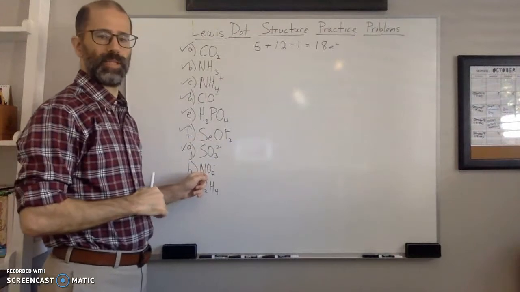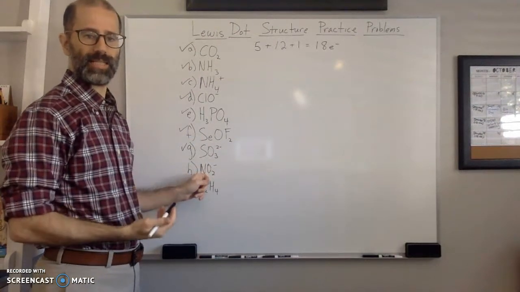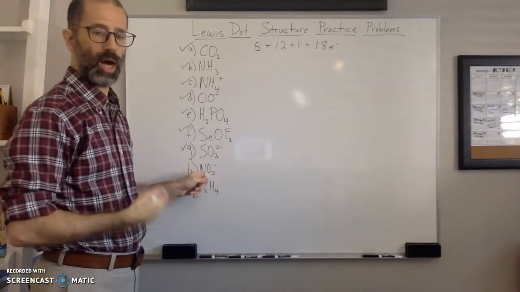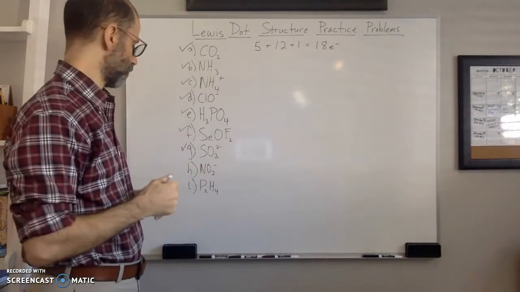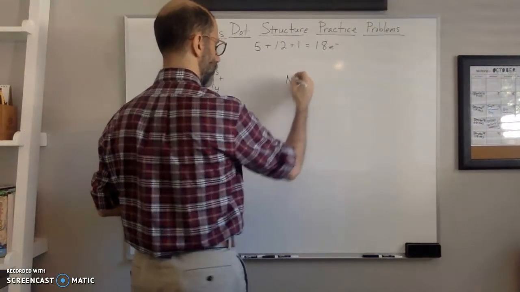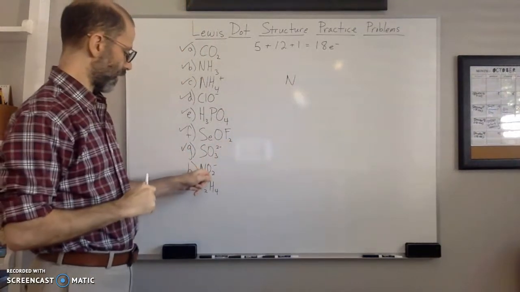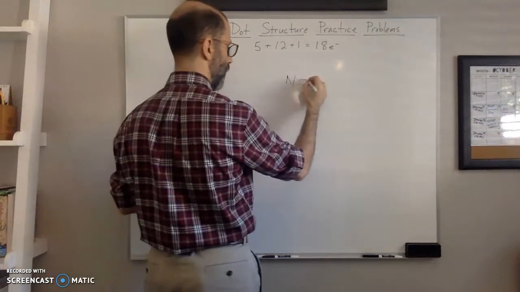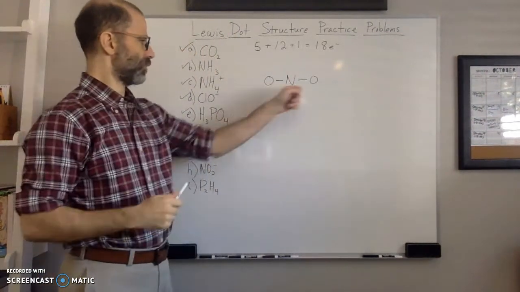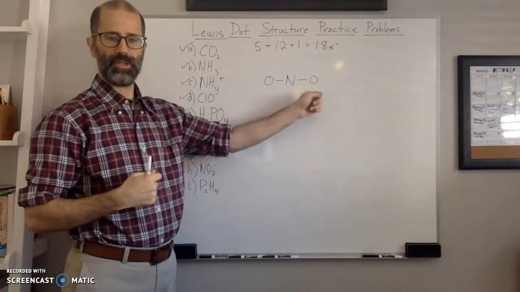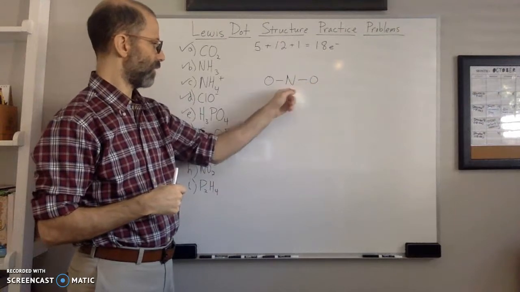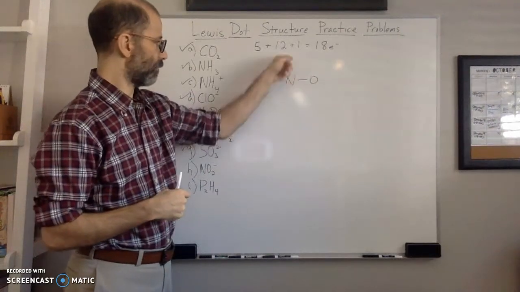Our central atom is going to be nitrogen. It's written first. It has less electronegativity. So it also has more unpaired electrons in its Lewis dot structure, or its Lewis dot symbol. So nitrogen is going to be our central atom. And then 2 oxygens will be bonded to the nitrogen. Again, I put the 2 oxygens on either side. As far as Lewis dot structures go, you can have them on these 2 sides, you can have them on these 2 sides.